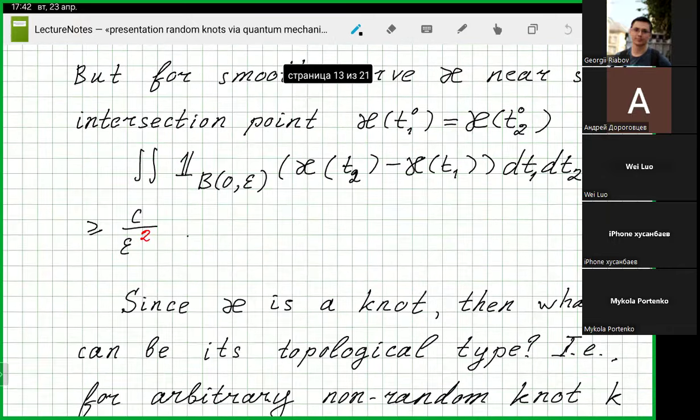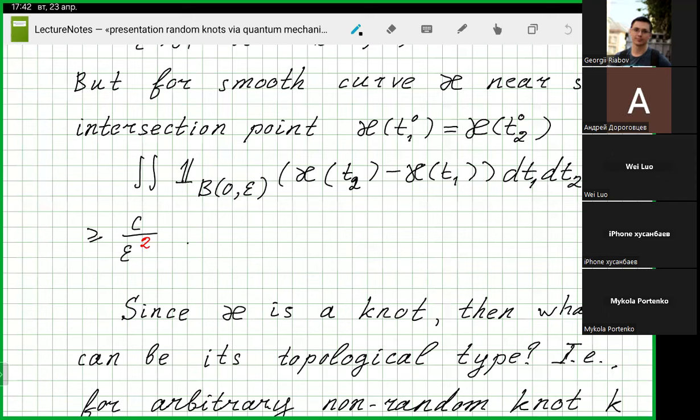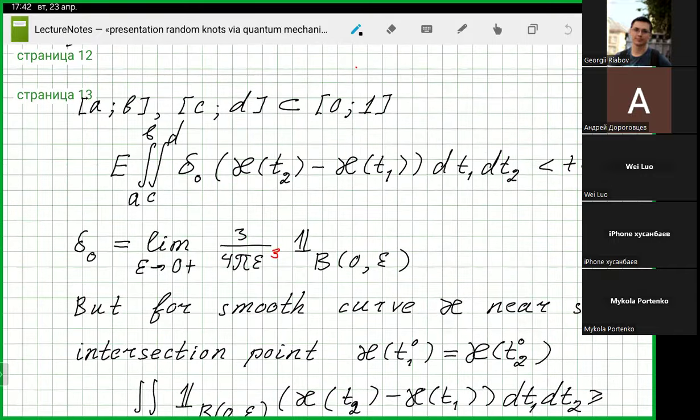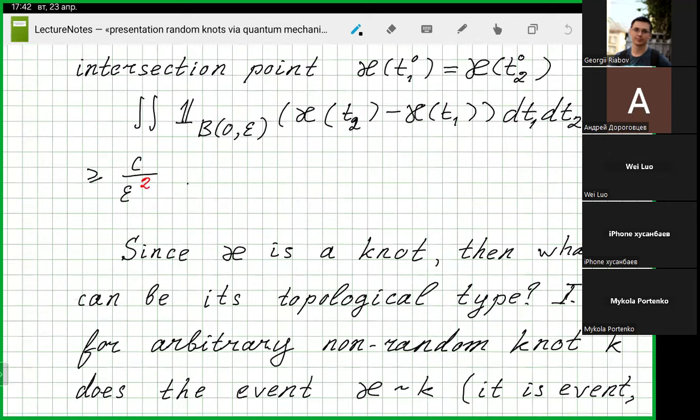So if with positive probability we satisfy this inequality, then this expectation must go to infinity. This is the idea, and since this is so, gamma is a knot. Now we know that this is a knot, but what is its topological type? Again, a year ago I proved it.